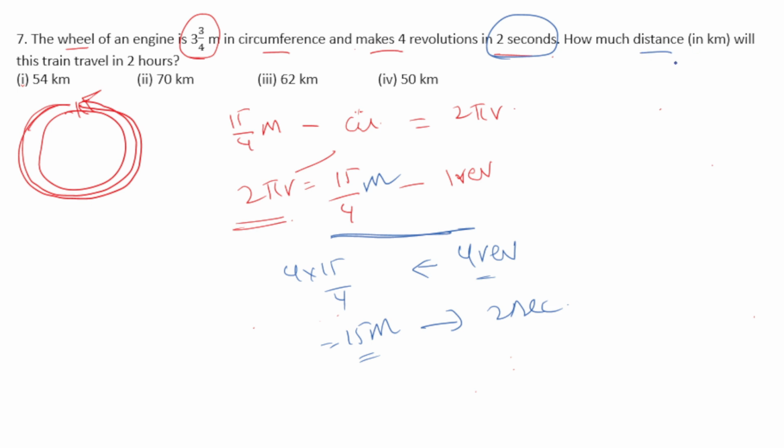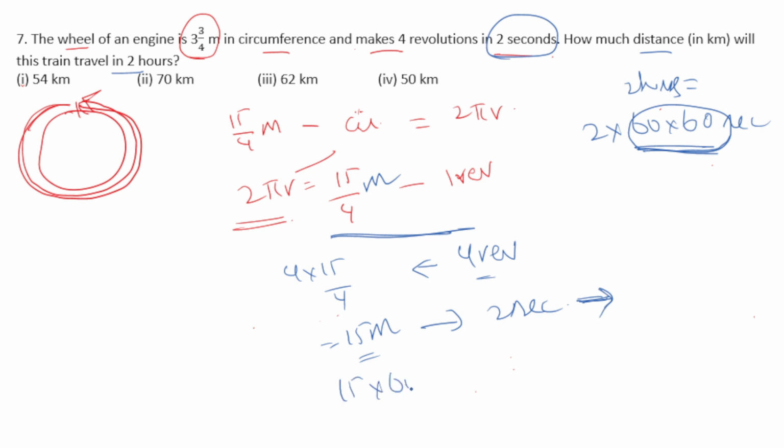We have to find the distance that it will cover in 2 hours. Okay. 2 hours means what? 2 hours means 2 into 60 into 60 seconds. We have to multiply 60 into 60 on both the sides of this equation. We will get 15 into 60 into 60, that is 2 seconds into 60 into 60.